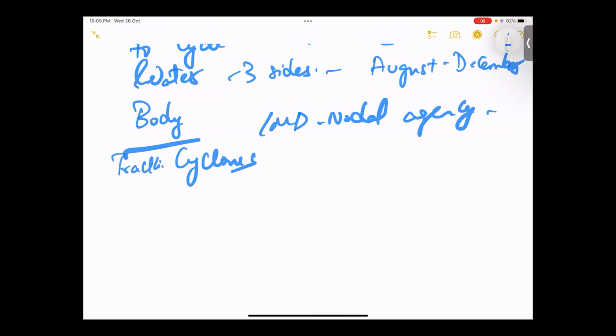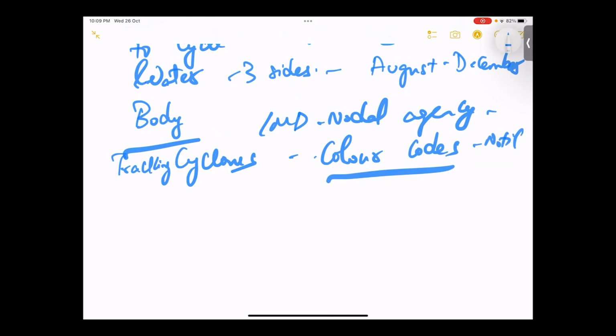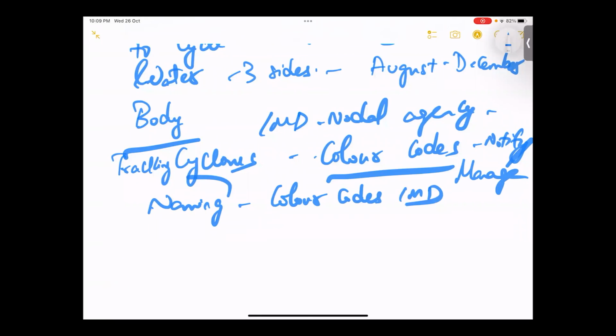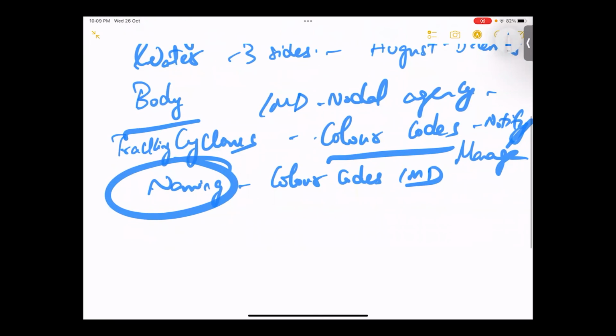IMD is the nodal agency, and it has come out with various color codes to notify and manage these cyclones. Apart from naming, color codes are given by IMD. Naming is a regional association, as we have seen in the last class.